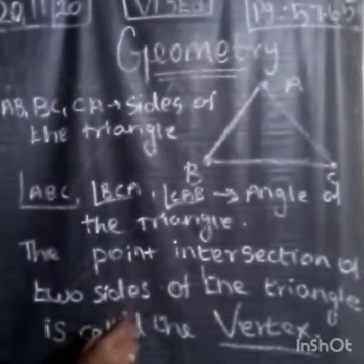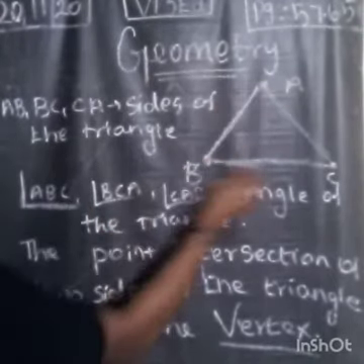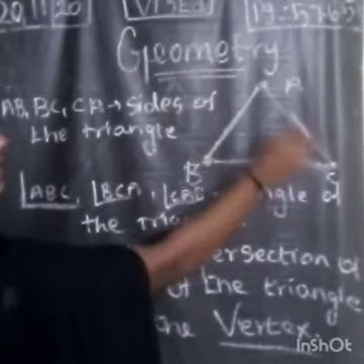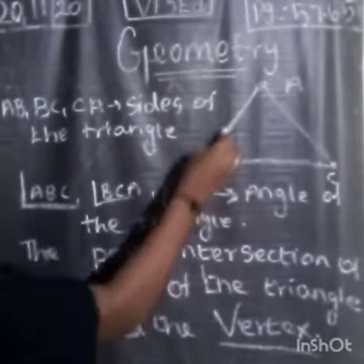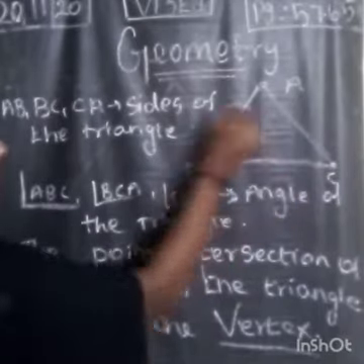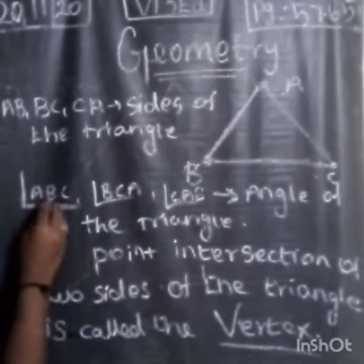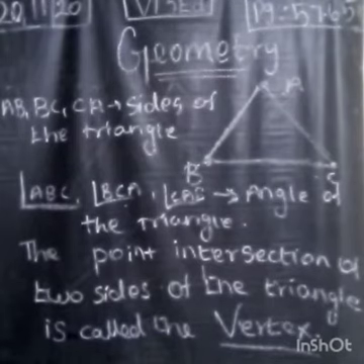And then the triangle ABC, BCA and CAB. Here the angle BCA is called an angle of the triangle.